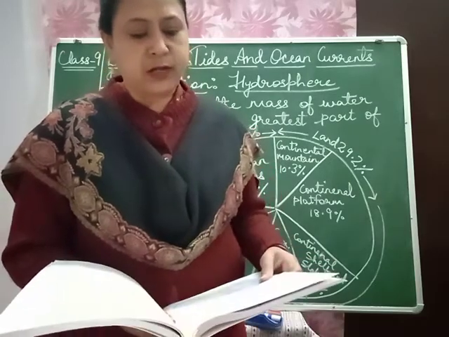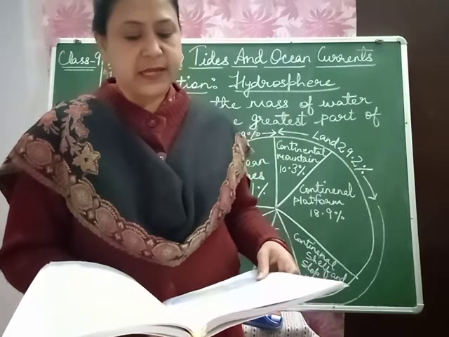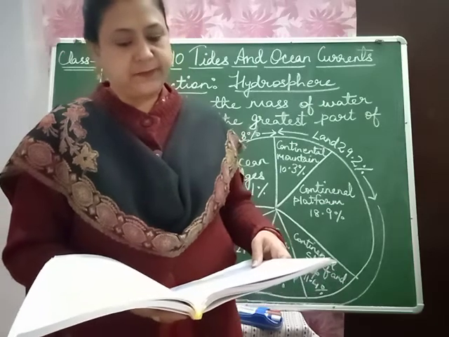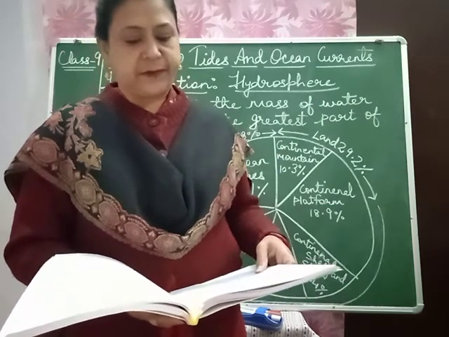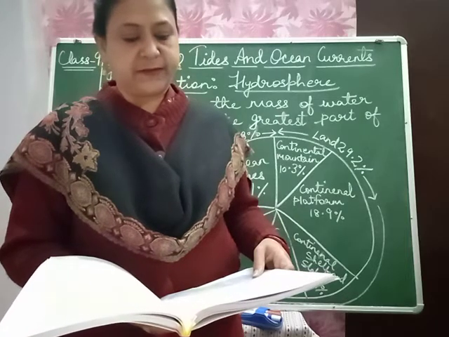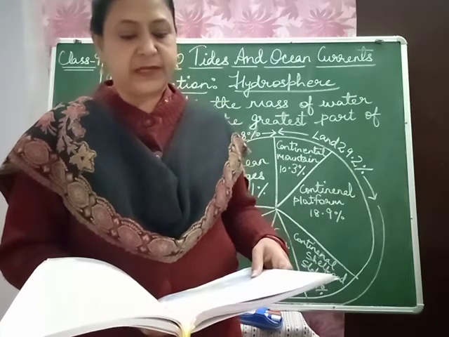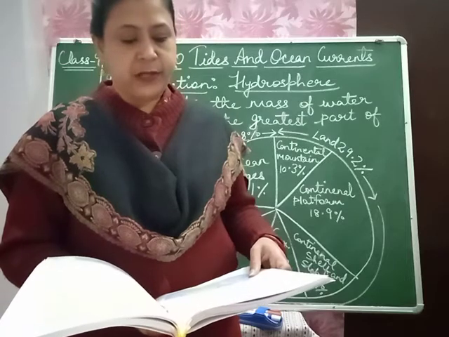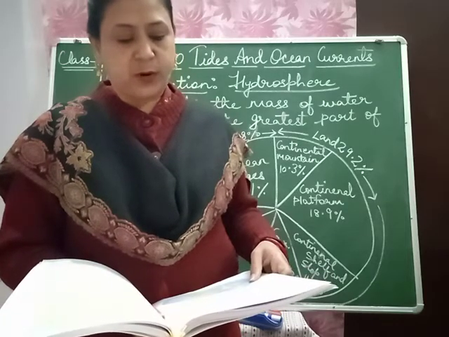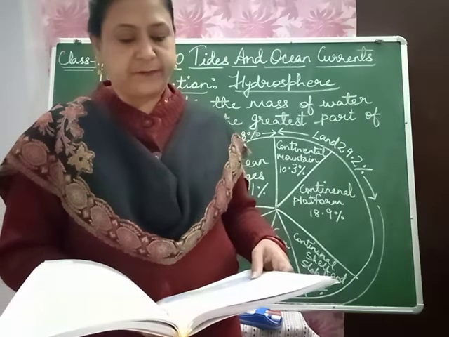Currents of the Pacific Ocean. The broad circulatory system, clockwise in the northern hemisphere and anti-clockwise in the southern hemisphere, is present in the Pacific Ocean also. Some of the major ocean currents of the Pacific Ocean have been briefly described as under. Kuroshio current, warm. Kuroshio is the most important warm current of the North Pacific Ocean.